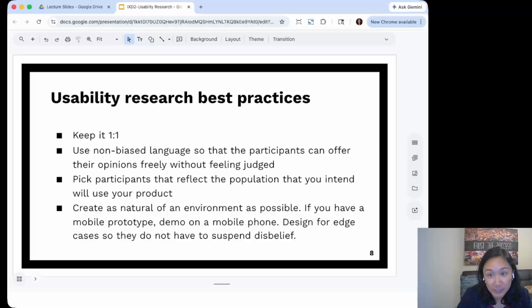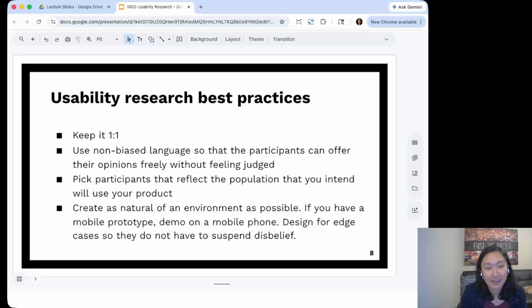When it comes to sourcing your participants, you also want to make sure that the people that you talk to or the people that you recruit reflect your target user base. So in class, we talk to our other classmates or we rely on friends and family because those are the people that are readily available for us.